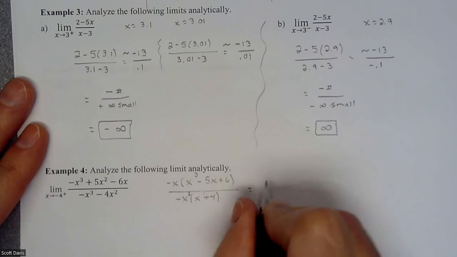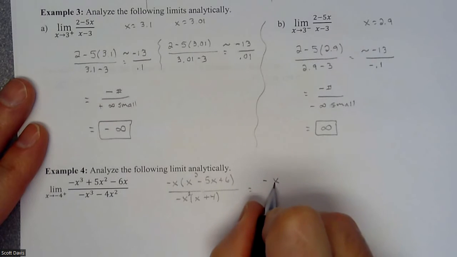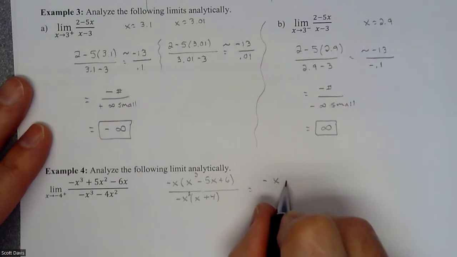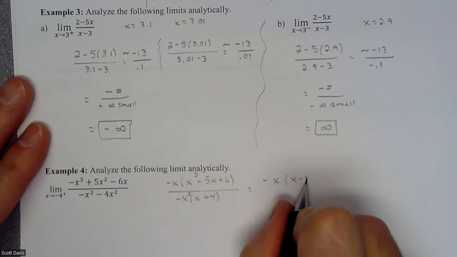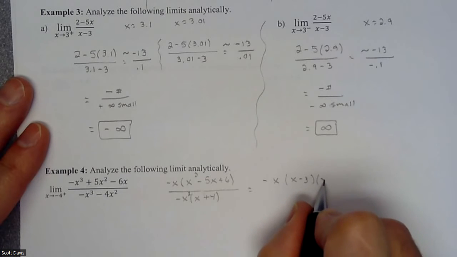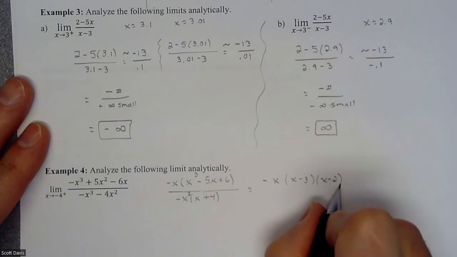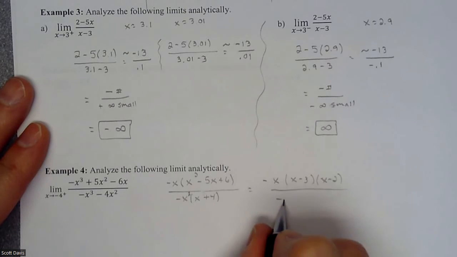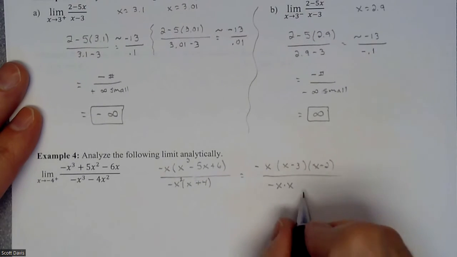All right, so the top, we got a negative x, x minus 3, x minus 2. And then on the bottom, we have a negative. Sometimes this helps to break this up as x squared, x times x, and then x plus 4.